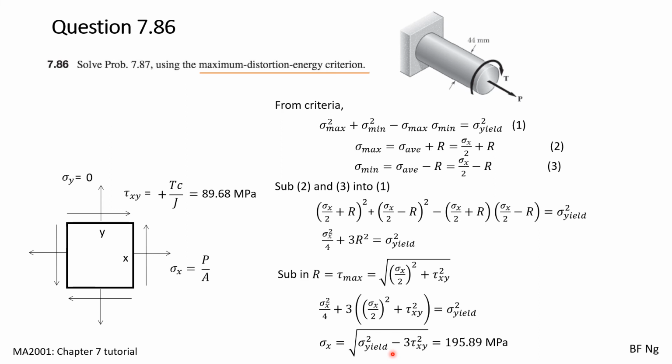We substitute in the values for sigma u and then tau xy, and we obtain 195.9 megapascal. As P itself equals sigma x times area, P will be 297.9 kilonewtons.